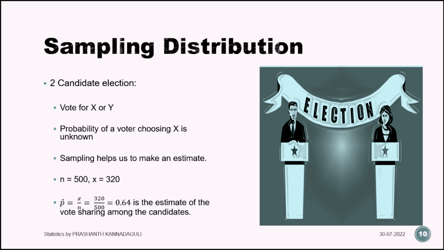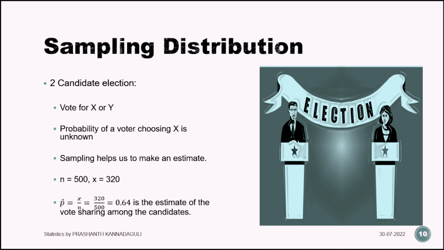I'll repeat. I have said 10 lakh people in the constituency. Out of 10 lakh, maybe 8 lakh people have voted for X. So the P which you calculate is the actual P. Actual P is the actual value of vote share.